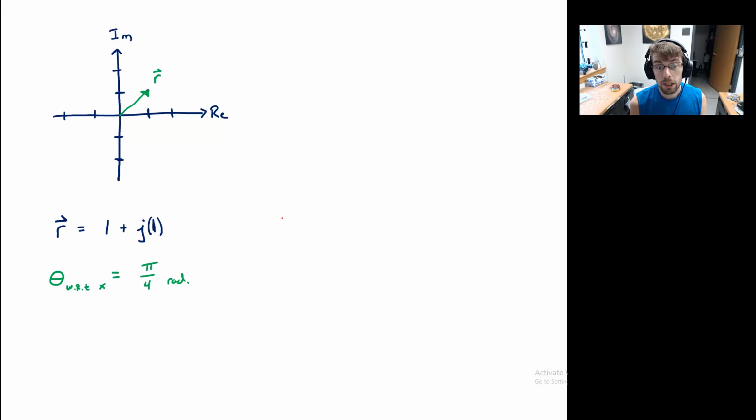Well, we could say the tangent, and this is why I say you can start using your geometric relationships. You could say the tangent of the angle is equal to the y component of your vector divided by the x component. And you're just doing triangle stuff at this point. And the y component is 1, and the x component is 1.